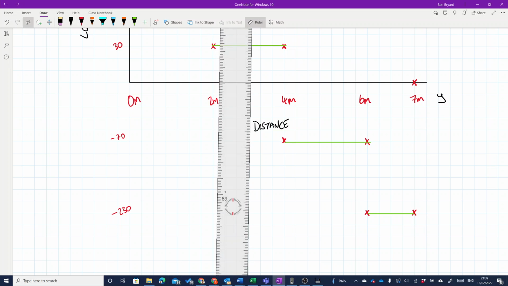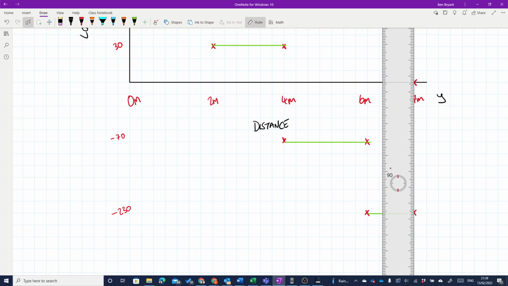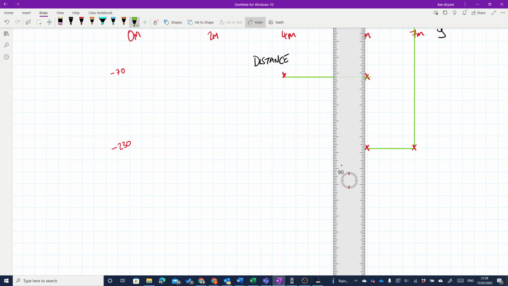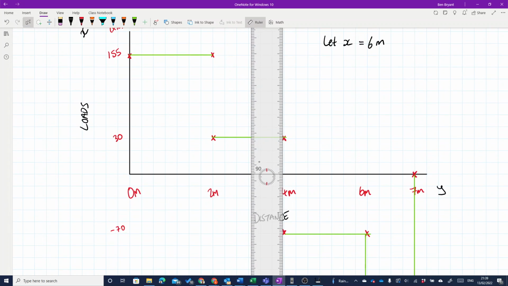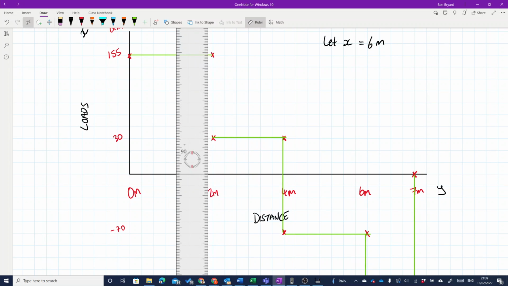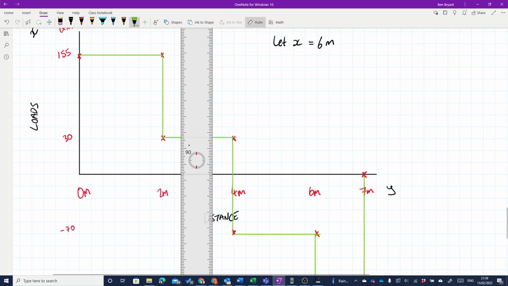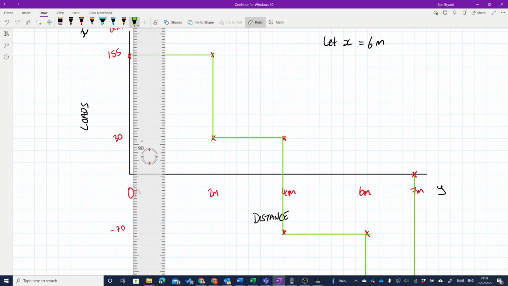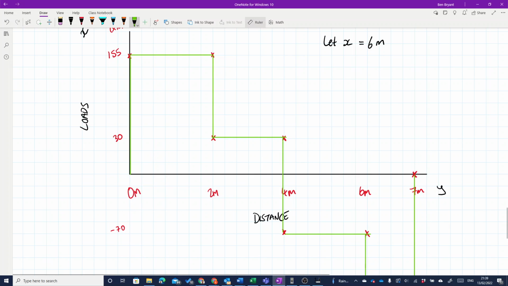Do your horizontals first and then your negatives. Obviously just roughly at this stage. Now if you want to, you can mark it from 0, because this goes from 0 up.